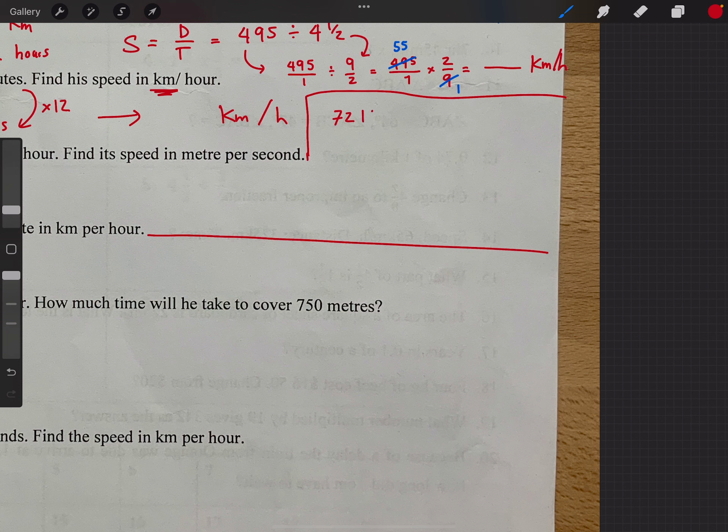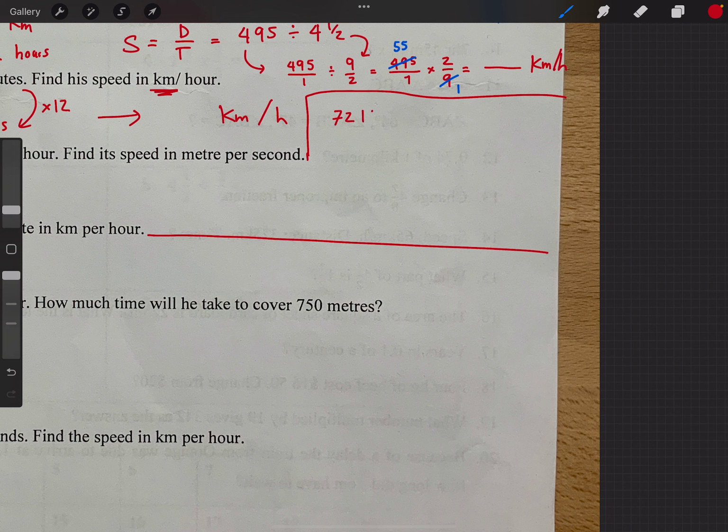And per hour, how many seconds in an hour? Let's change this one into seconds. So this would be 3,600 seconds. It'd be useful for you to remember that 1 hour is equal to 3,600 seconds. Okay, so now the question is how many meters in 1 second.